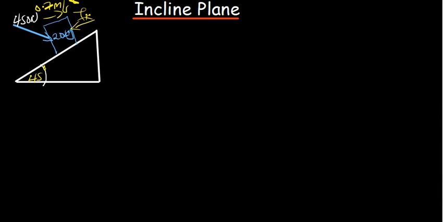We know that we always have this force. At the same time, we have that force. And we said this is just basically mg sine theta, and this one we said is mg cos theta. At the same time, we know that we are going to have the normal force there, which we can say is Fn.